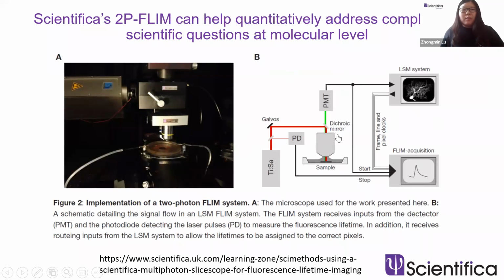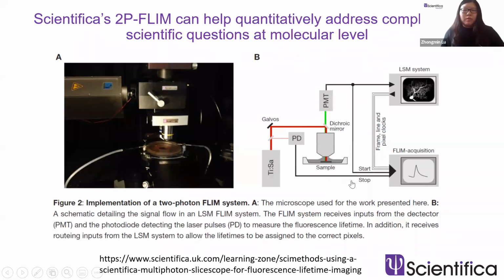B is the schematic detailing the signal flow in a laser scanning microscope system, measuring the intensity. The biggest benefit is that it can capture the details of activity dynamics online, in real time. The FLIM system receives input from the detector, the PMT, and also a photodiode detecting the laser pulse.